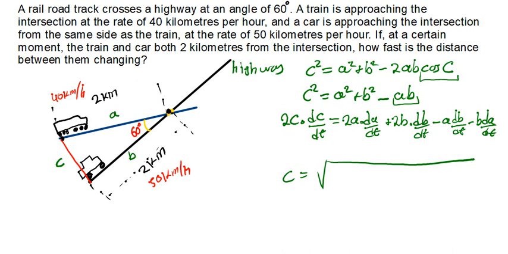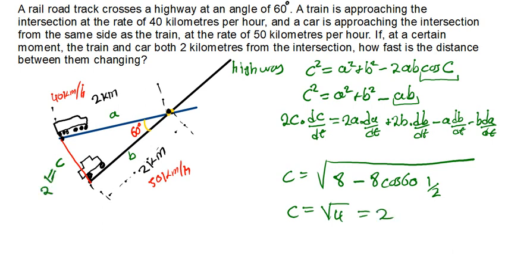Our a is 2, so a squared is 4, and b squared is also 4, giving 8, minus 8 cos 60, which is half. So c is the square root of 8 minus 4, which is the root of 4, so c is also equal to 2.